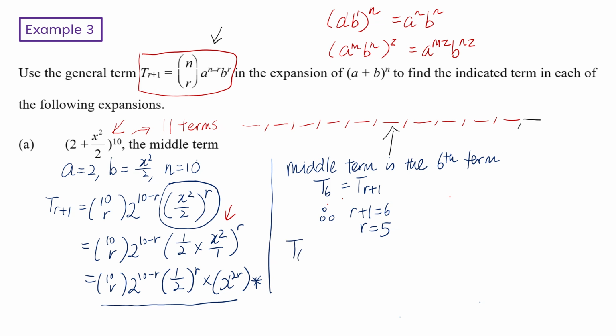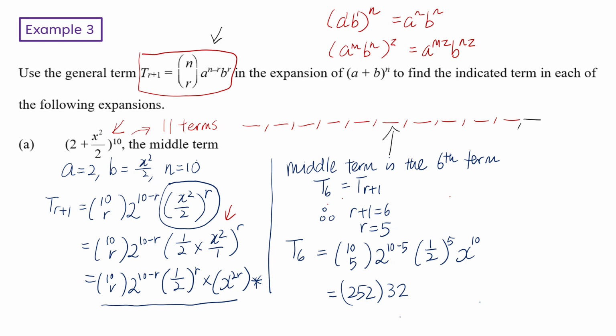So T6 will be 10C5 times 2 to the power of 10 minus 5, times half to the power of 5, x to the power of 10. Then we can just use a calculator to evaluate 10 shift nCr 5. That gives you 252. 2 to the power of 5 will give you 32.